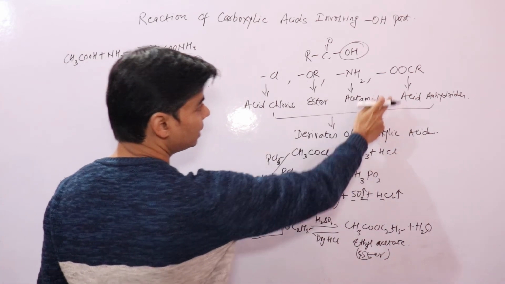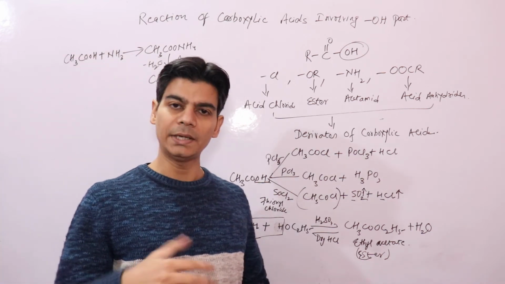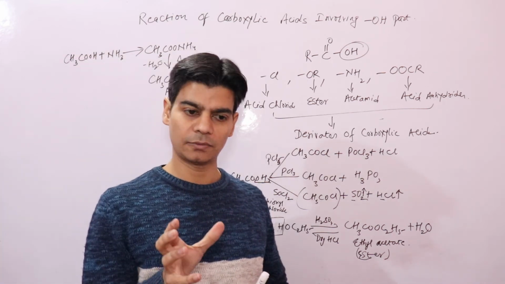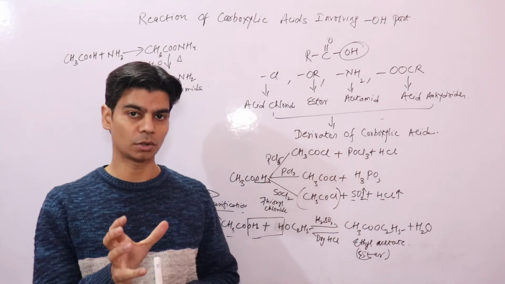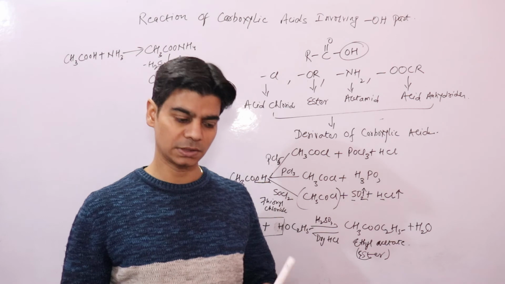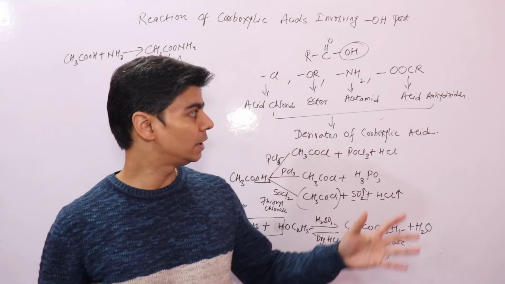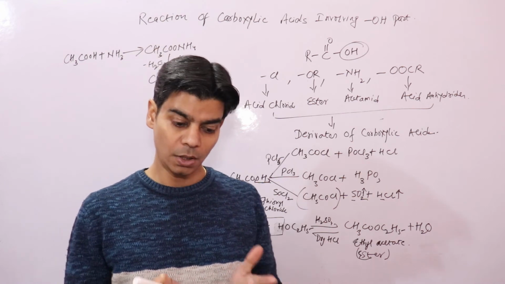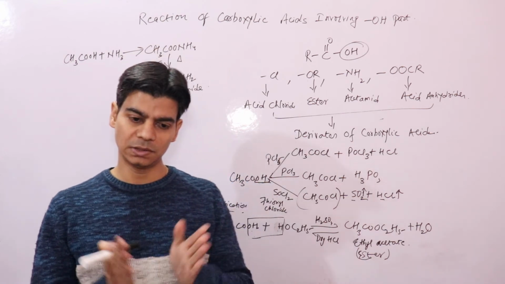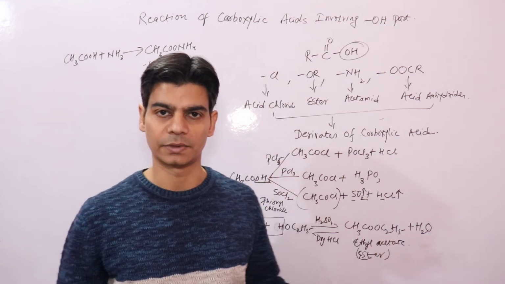The other is acid anhydride. Now, we know anhydrides are those compounds that are formed by losing a water molecule. When a water molecule is lost in a reaction, what forms is an anhydride. So here a similar reaction will take place where two molecules of acetic acid will react, they will lose a water molecule and they will form an acid anhydride.